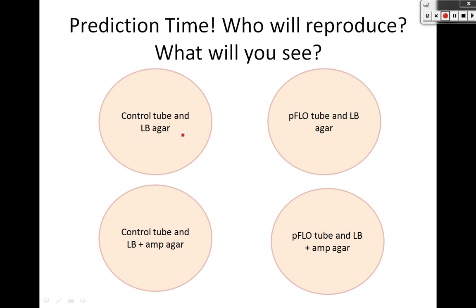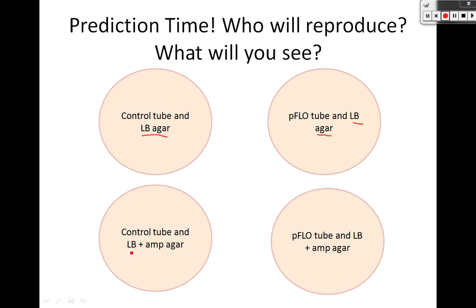You're going to have 2 plates that just have LB agar. So the LB is the Luria broth, a great nutrient for E. coli. And so you're going to put 100 microliters from your control tube on one plate and 100 microliters from your pFLO tube on your other plate.